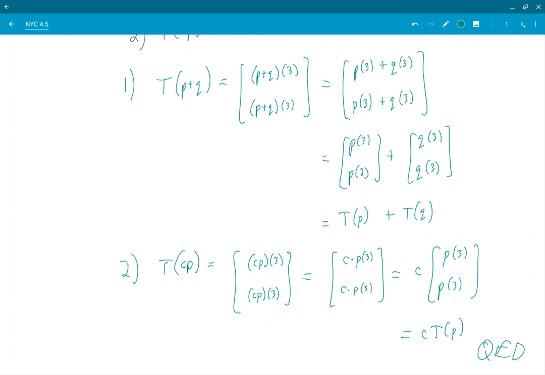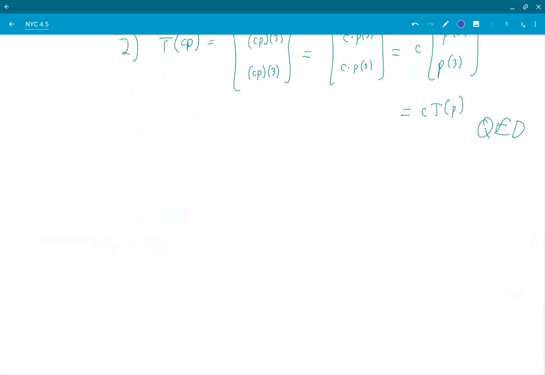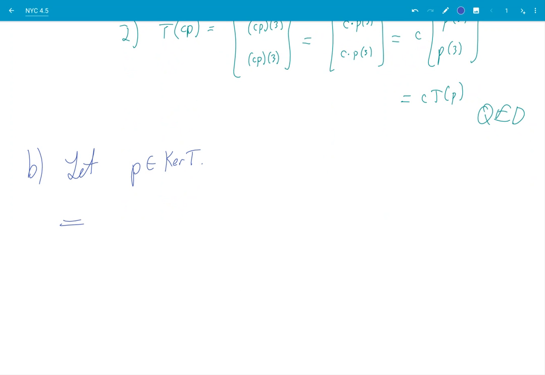Now I want to find a kernel, the dimension of the kernel, right? So I'll say, let P be in the kernel of this transformation. So what does that mean? That means that T of P is the 0 vector. What does that mean?